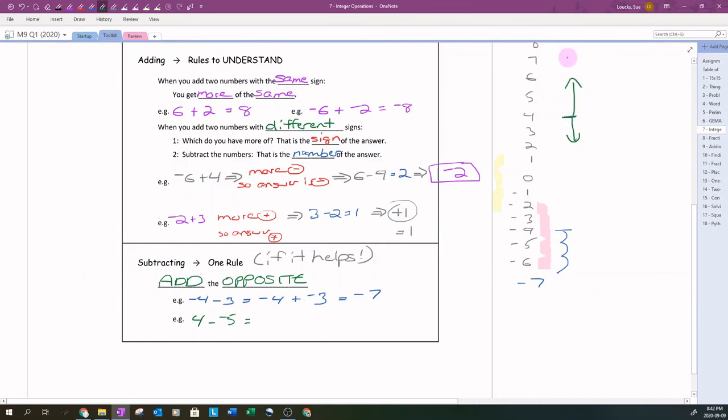So I'm going to go up 5. 1, 2, 3, 4. Can't quite get there, but I'm going to get to 9. Or I can think about adding the opposite. I can go 4 plus, and then the opposite of -5 is +5, and that equals 9. Okay?